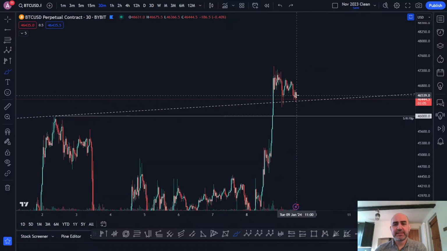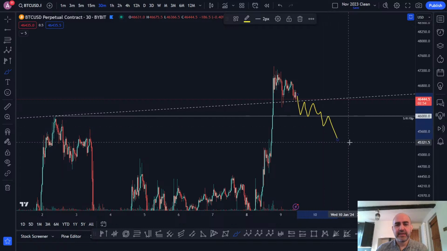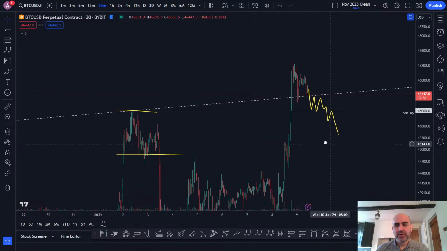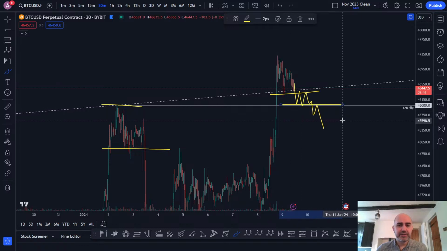I think if we start seeing the price come down, make lower highs and then fall back here, we're back in a previous lower range. We've lost this channel midpoint and we've lost a previous high. That's not going to look good.